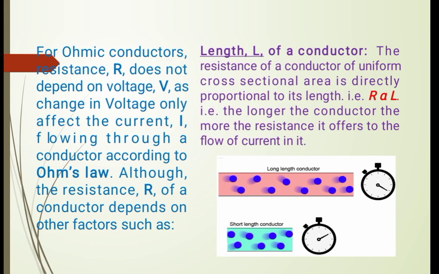So we have more obstacles in a longer conductor than in a shorter conductor. So we may conclude that the longer the conductor is, the more resistance it offers, which mathematically we can say the length of a conductor is directly proportional to its resistance.